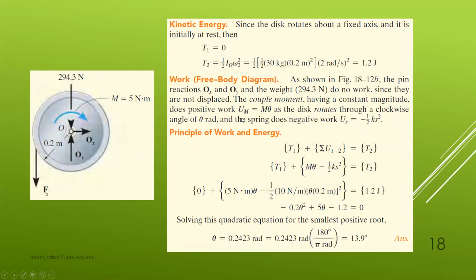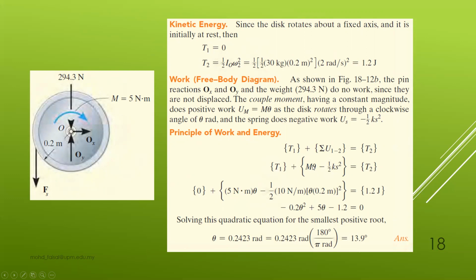Okay. Then from the principle of work and energy, you can look into this. This is before, this is after. So before, what we have is this part up here. At rest, so T1 will become 0. Then we have something here. What is this?